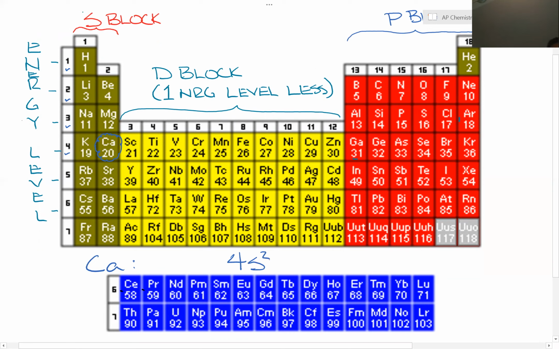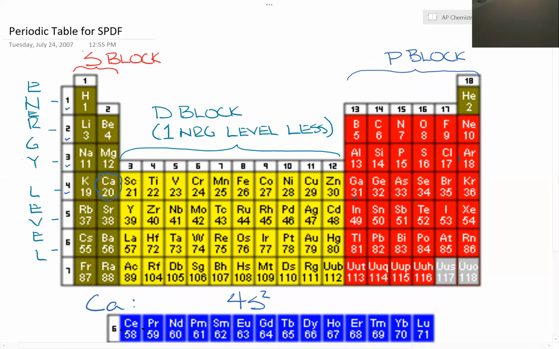Now, an easy way to go through this is instead of starting right at the very beginning, at hydrogen, where we do 1s1, 1s2, whatever, we look for the noble gas that's before the calcium, in this case, argon. So we just write square brackets argon 4s2.